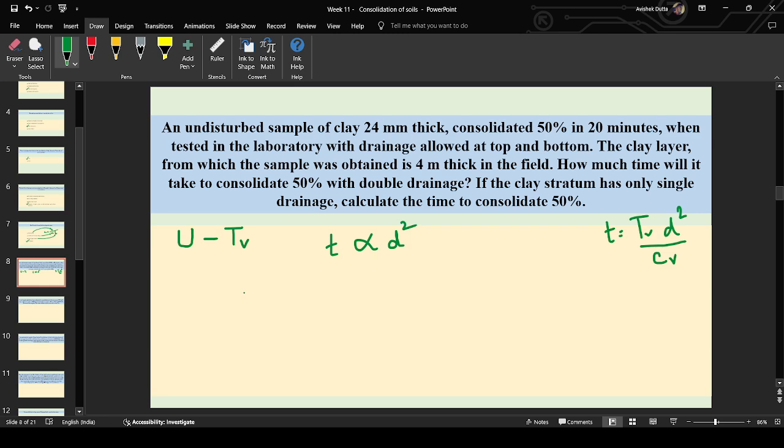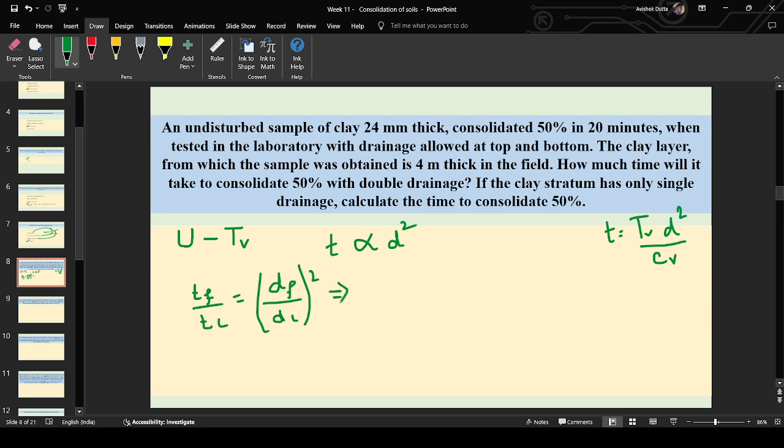So here I have to find out the time of 50% consolidation in the field. So time for consolidation in the field divided by time for consolidation in the lab is equal to the drainage length in field divided by drainage length in lab, whole square.